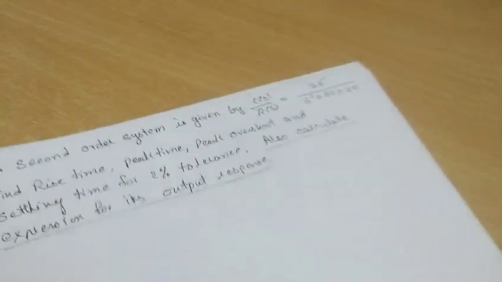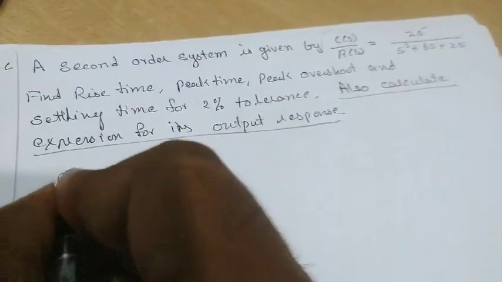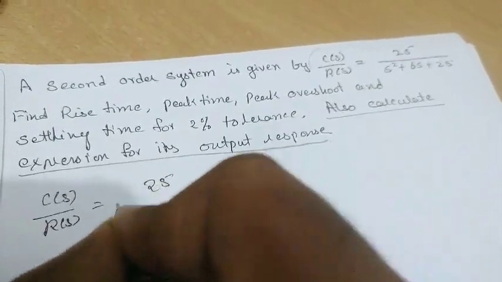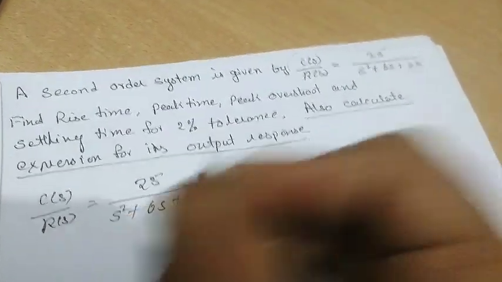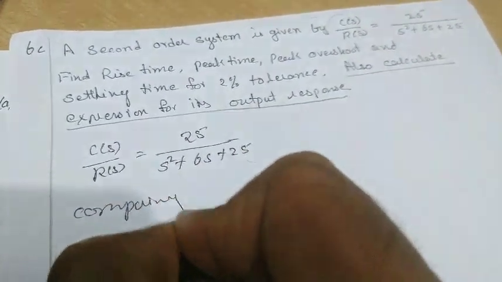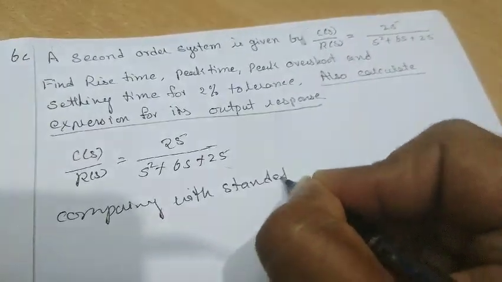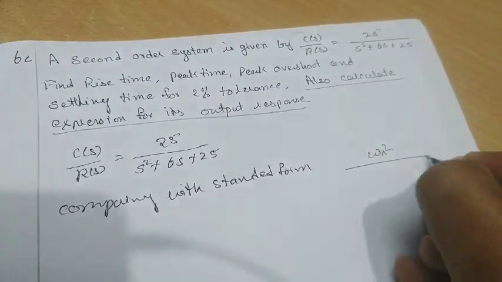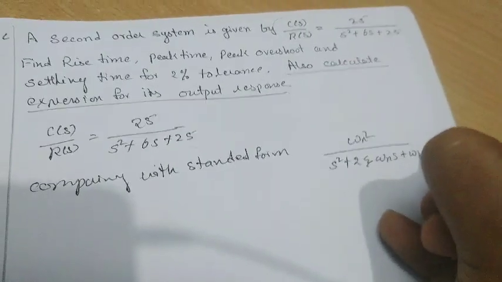Okay, so here in the question they gave us a closed loop transfer function C of s by R of s equals 25 by s square plus 6s plus 25. So I'm comparing with the standard form of a second order system, that is omega n square by s square plus 2 zeta omega n s plus omega n square.